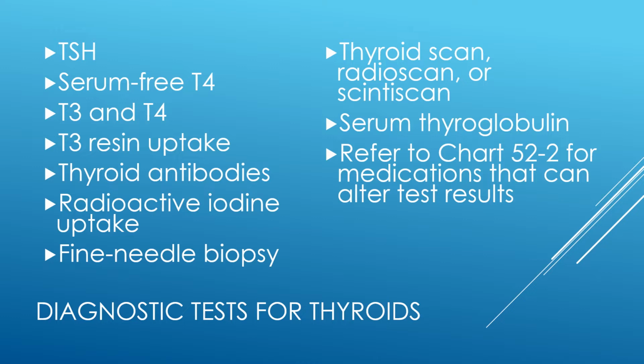They may need a fine needle biopsy of their thyroid. Also, a thyroid scan or CT scan. Ultrasound is also a way they can see thyroid tumors. And then serum thyroglobulin is taken after radical thyroidectomy to see if any thyroid cells remain in the body.